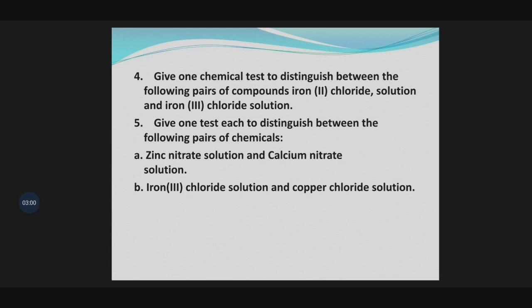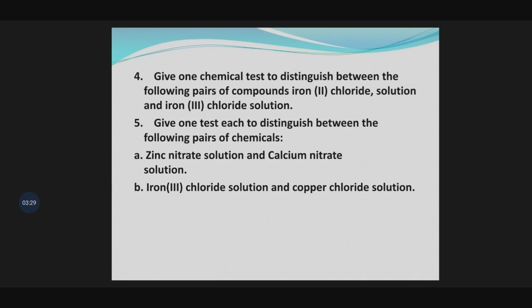If we add excess, the one which will dissolve is zinc, and the other one which will remain insoluble is calcium, because calcium hydroxide doesn't dissolve in excess sodium hydroxide. If you use ammonium hydroxide also, you can write a similar kind of answer. There you have to write that the one which will not react is calcium, because calcium doesn't react with ammonium hydroxide and form any precipitate.